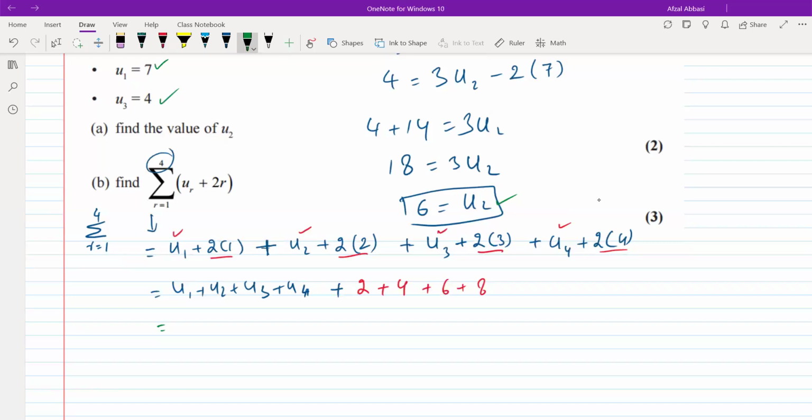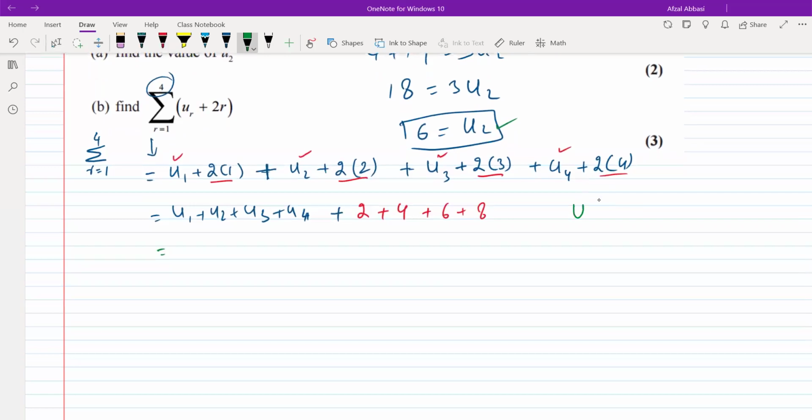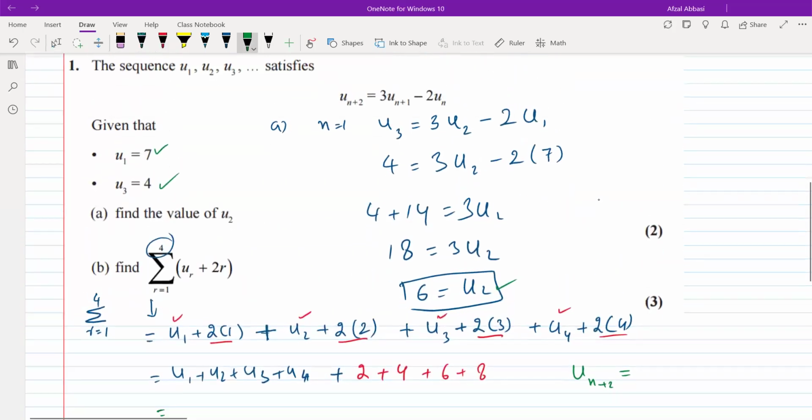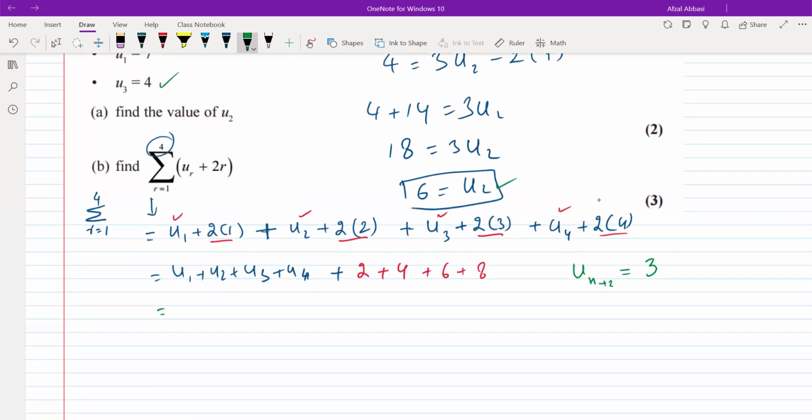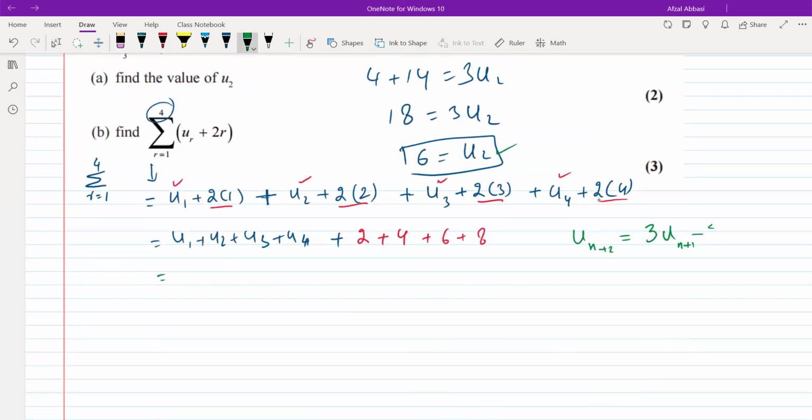To find u4, we have to use this recurrence formula. So we know that u(n+2) is equal to 3u(n+1) minus 2u(n). If I want to get u4 here, I need to take n equals 2 to make it 4.